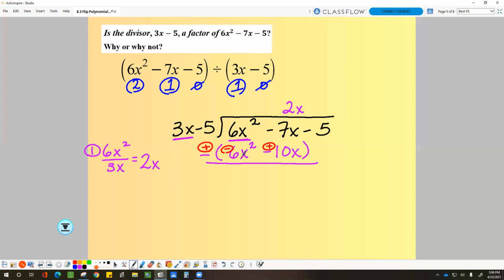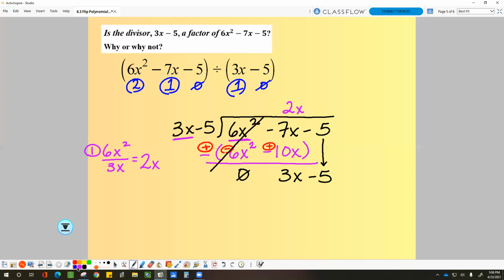6x squared minus 6x squared, that's 0, right? Minus 7x plus 10x is 3x. And I bring down the next term, minus 5. It's time to divide again.